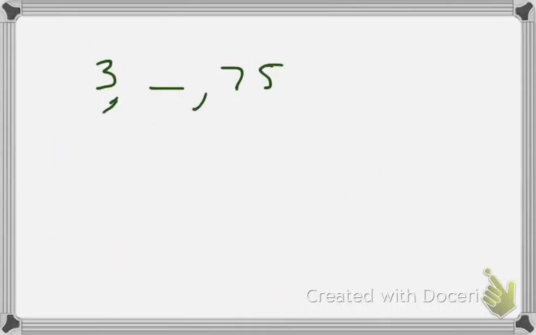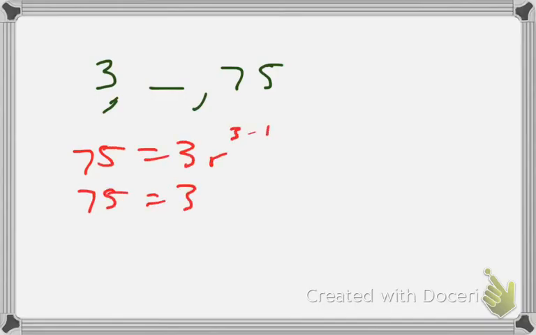I use the formula. At that point, I have r squared equals 25. What we learned earlier in the year is to go from r squared equals 25 to r, you have to take the square root of both sides. Whenever you take the square root of both sides, you have to put a plus or minus on the number.